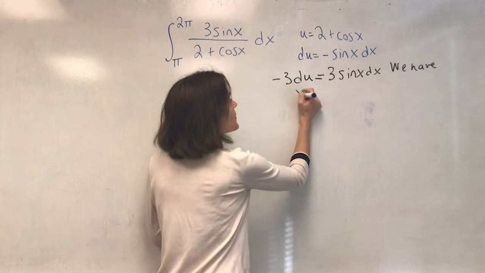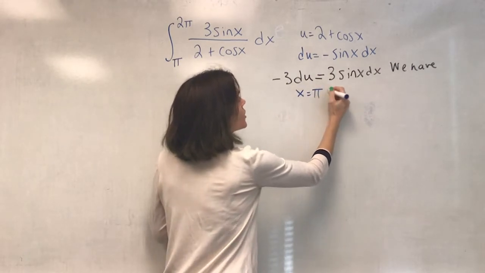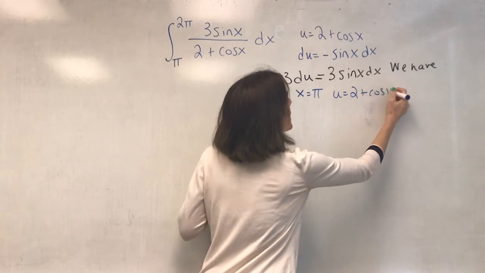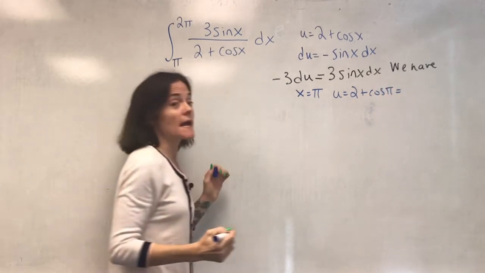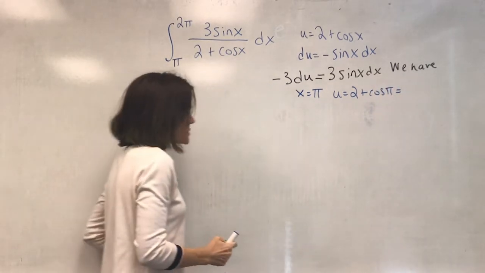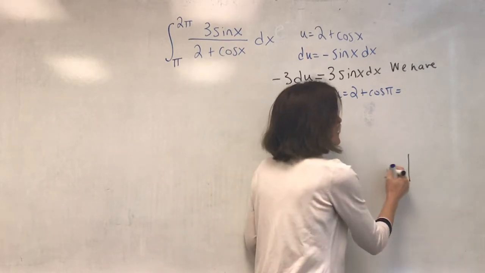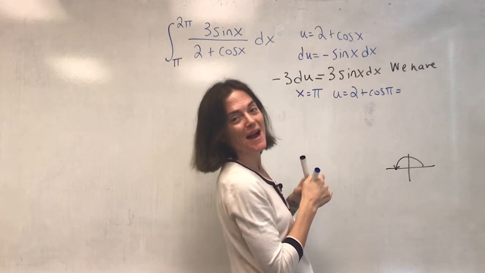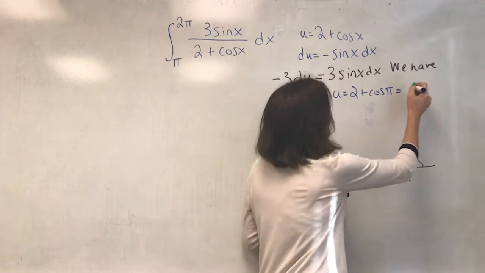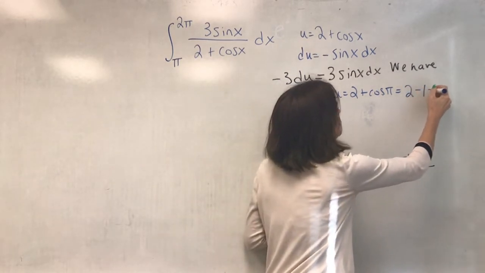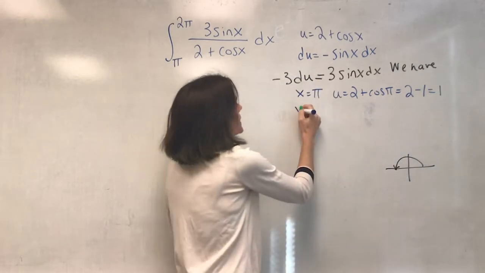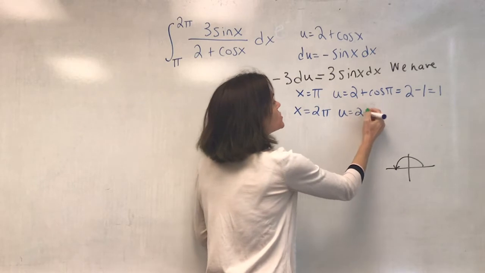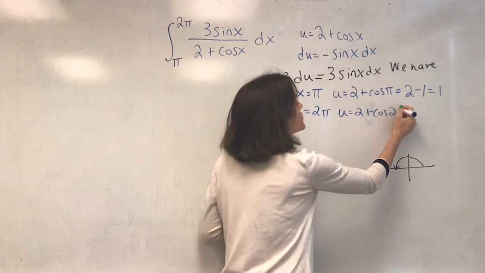When x equals pi, u is 2 plus the cosine of pi. The cosine of pi, well, if you don't remember, you can draw a picture. Pi is here. Cosine of pi is minus 1. 2 minus 1 is 1. When x equals 2 pi, u is 2 plus the cosine of 2 pi.